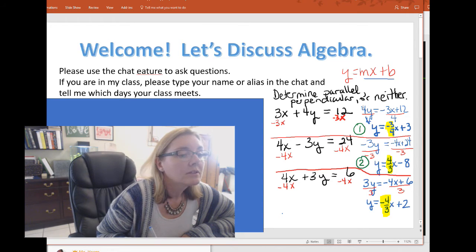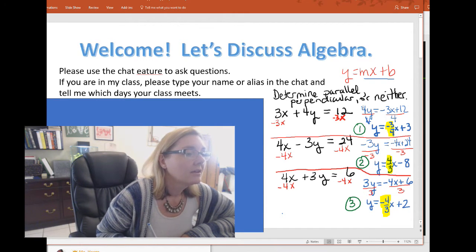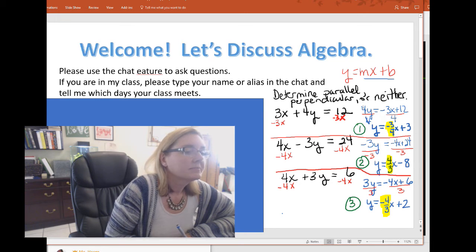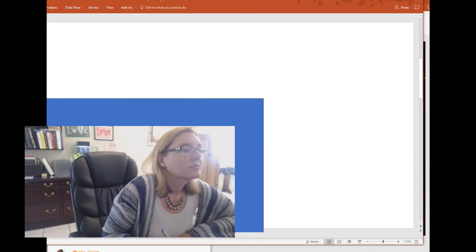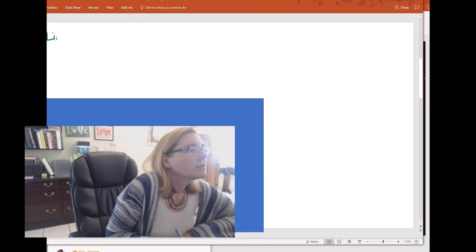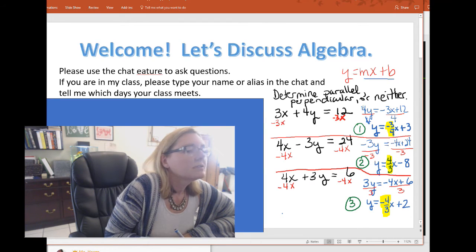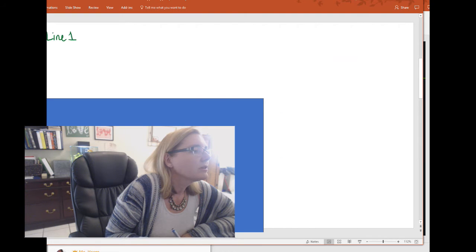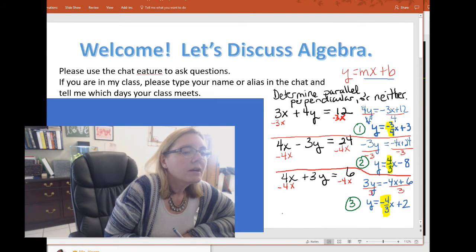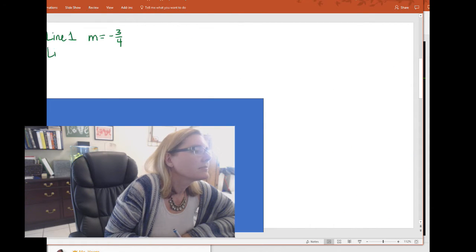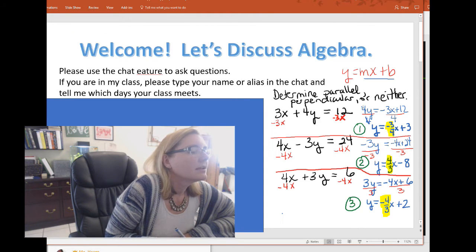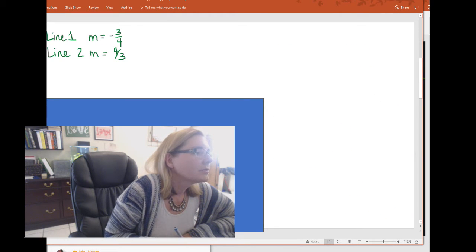Line 2 has a slope of 4/3, and line 3 has a slope of negative 4/3. All right, so copy those down.